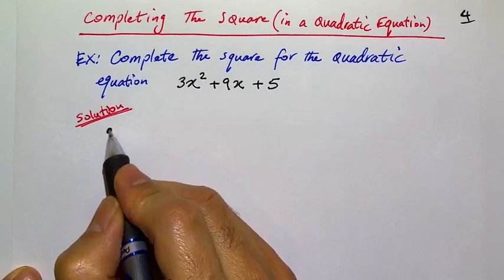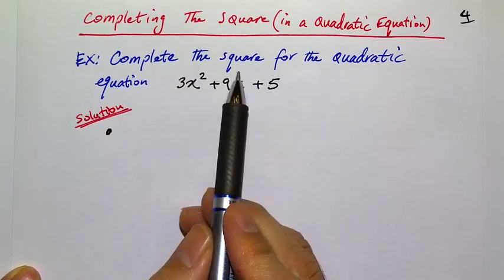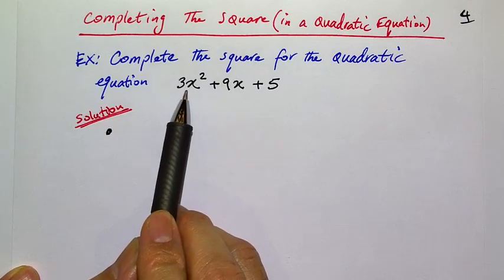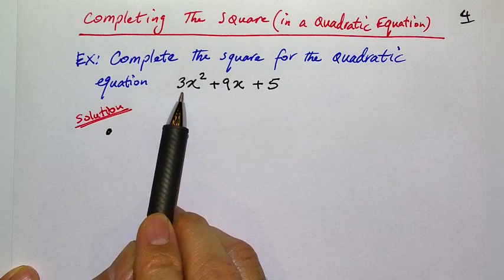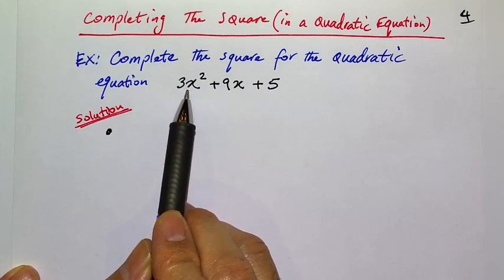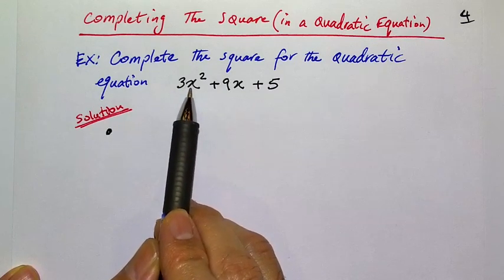Now recall that completing the square can be used if the coefficient of the quadratic term is positive 1. Is that the case in here? No. So we need to factor this expression in order to make sure that this coefficient is positive 1.